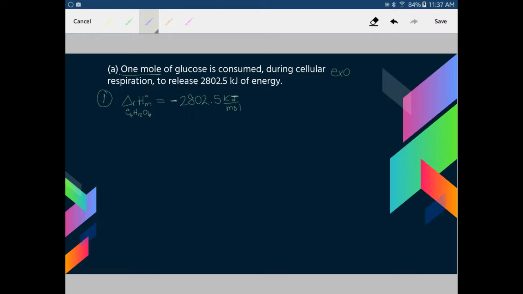Our second would be by looking at the overall chemical equation. We consume glucose, so we're looking at how we burn glucose. So we have C6H12O6 and oxygen gas. Essentially, cellular respiration is just a controlled form of combustion, and it occurs in any living thing that performs some level of cellular respiration.